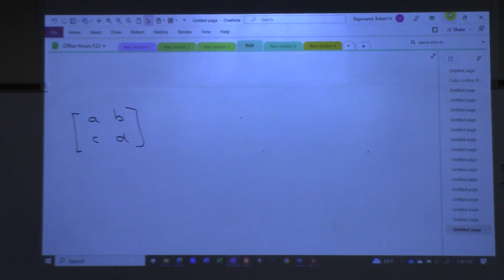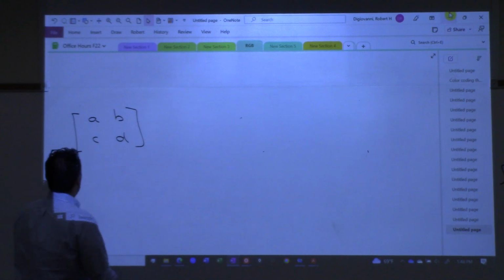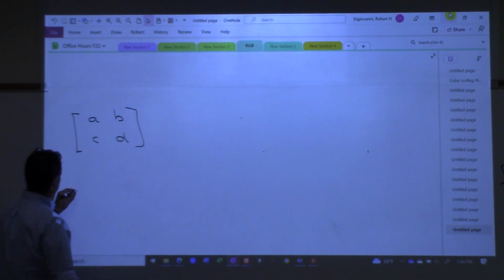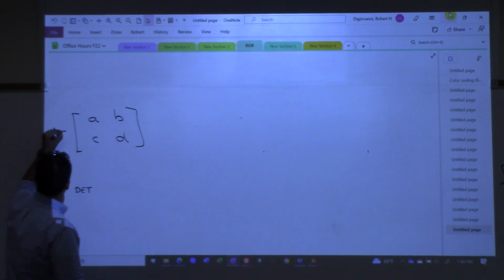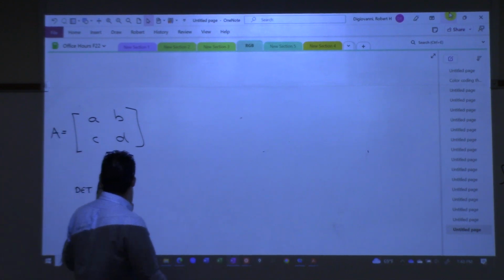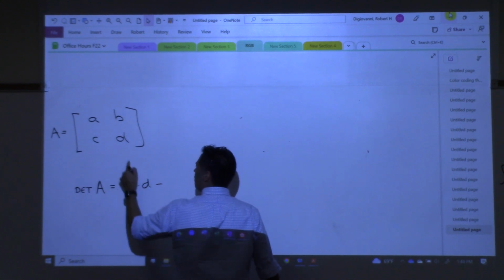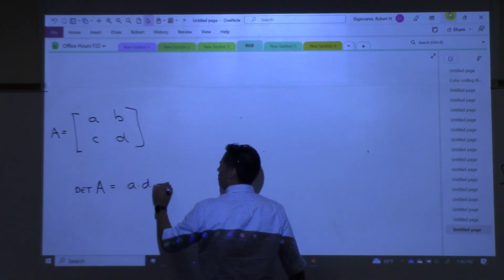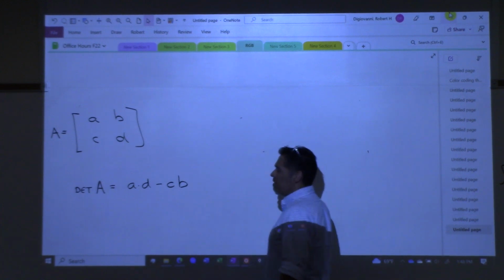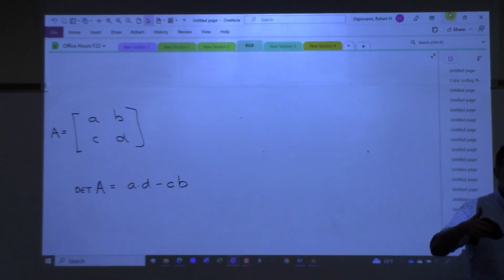So what is the determinant of this? Let's call this matrix A. The determinant of that matrix would be A times D minus C times B. That's the determinant. We're all okay with that?